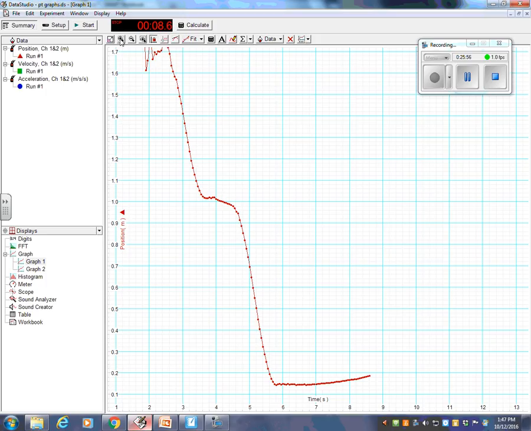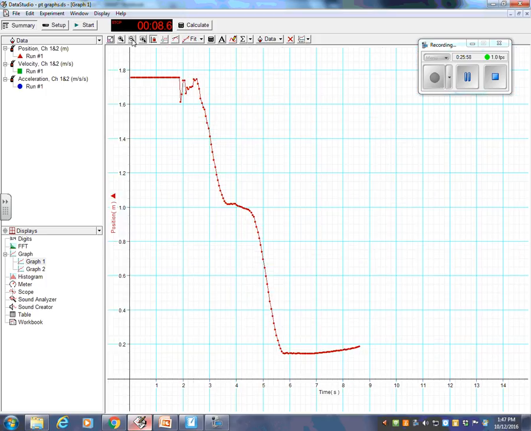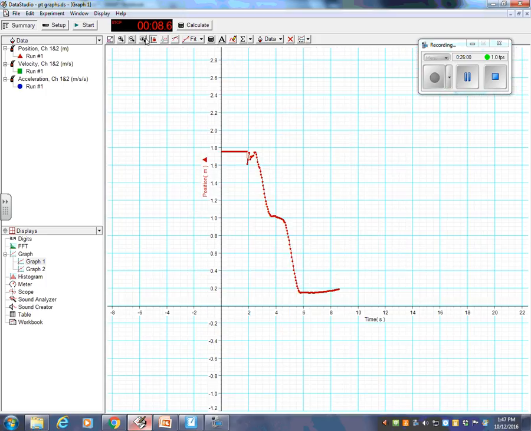I guess I should zoom out, not in. But it's basically, the first one is left, pause, left, right? Okay, the next one would be right, stop, slowly left.